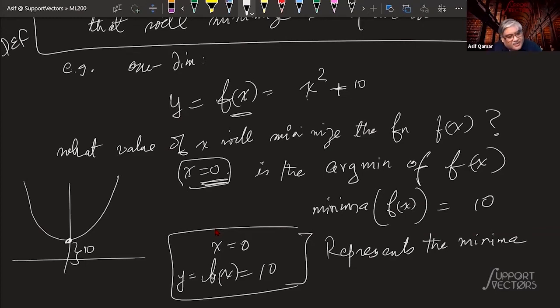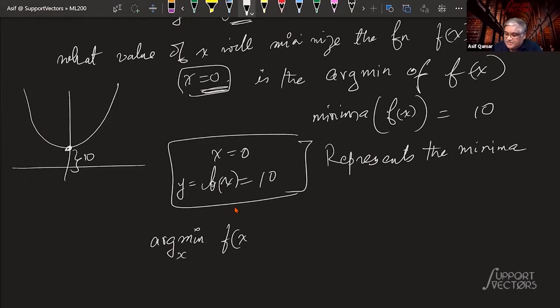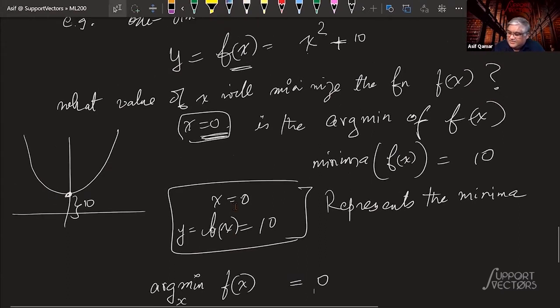The way you would say that, if you want to use this notation, is arg min over x of f(x) equals 0. In other words, the value of x that minimizes the function is 0. Is this getting any clearer, guys? Yes. Right, so this is the meaning of arg min.